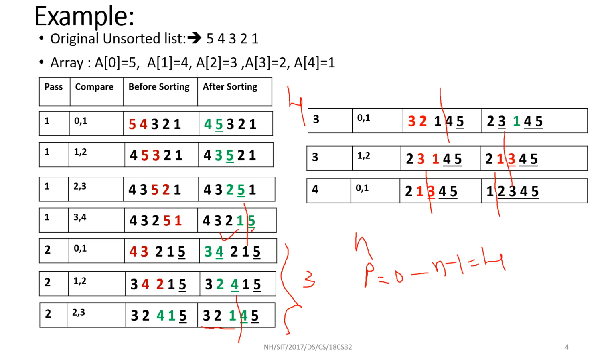In each pass, the number of comparisons is computed as n minus k minus 1, where k is the pass number repeating each time. In this case, the number of comparisons required is 4, the next 3, next 2, like that.